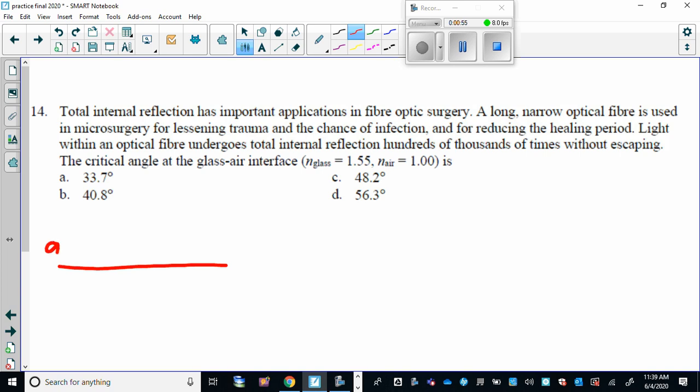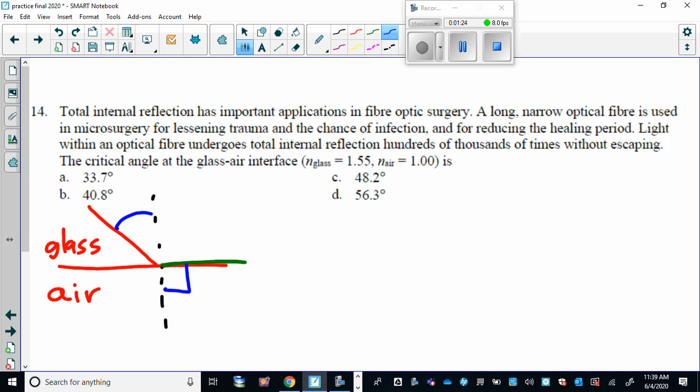So in other words, the ray must be in the glass, and this is going to be air down here, and here comes the ray, and here's the normal, and it's going to refract to the point that the refracted ray makes a 90-degree angle with the normal.